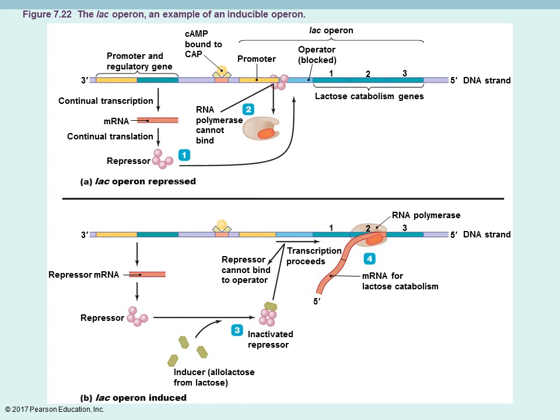Because the repressor is taking up some of its space. It can't fit there. Even if it could fit there, it can't go anywhere because it's supposed to go from left to right, and you've got the repressor blocking it. It's like someone has just, excuse me, rudely, I'm blocking your way, and you can't go anywhere. If RNA polymerase cannot bind and can't move, transcription never occurs, which is okay because you don't have any lactose present.